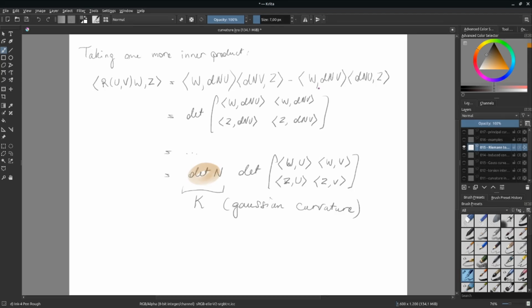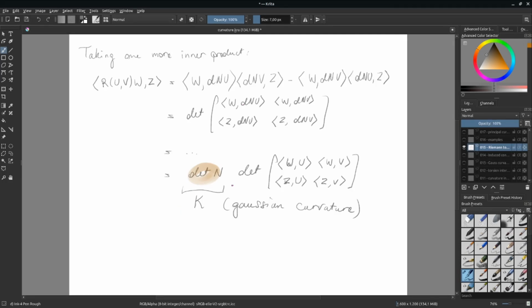So we can write this as the determinant of a 2 by 2 matrix. And if we do a couple more manipulations, we can extract this differential, because dn here you can think of as a 2 by 2 matrix, and we would like to isolate it, and it turns out we can.